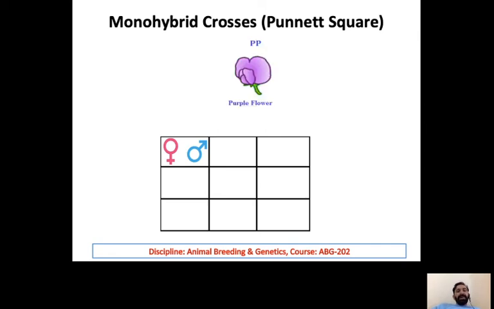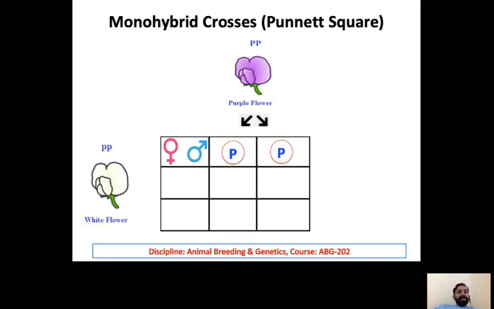Now here we are again repeating that experiment, a completely dominant male with the capital P purple flower, and it will produce two alleles, and each one of them would be dominant.